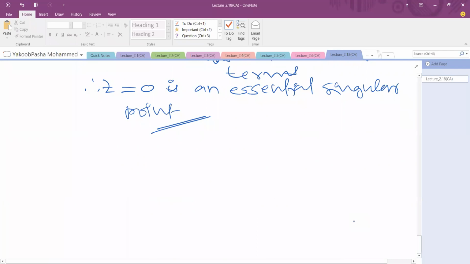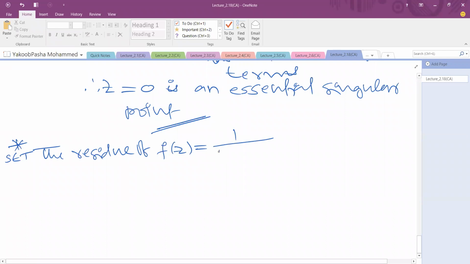Okay. Now I am taking another problem. The residue of f of z is equal to 1 by z square plus 1 whole square, at z is equal to i.